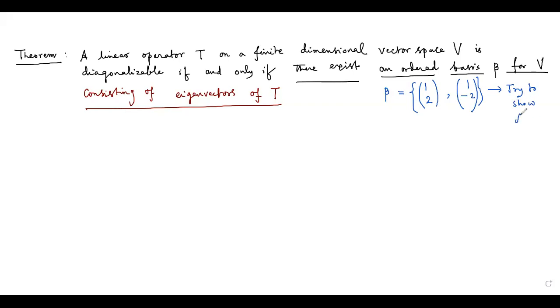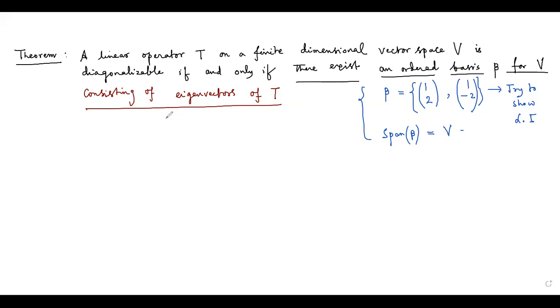Not now, later you show it is linearly independent, and span of beta is equal to V. Try to show these two things and confirm that beta is indeed a basis containing these eigenvectors.